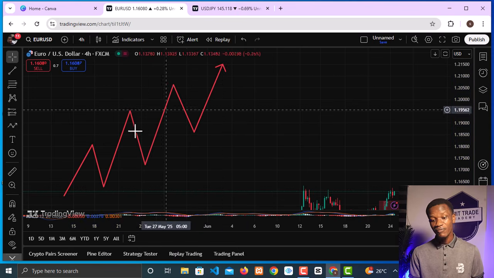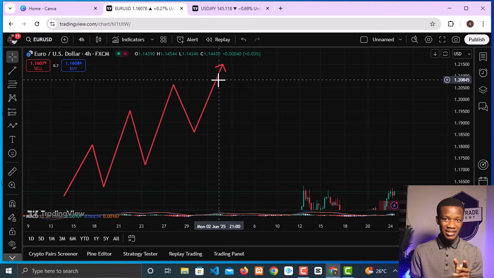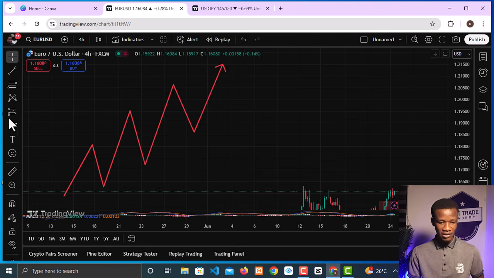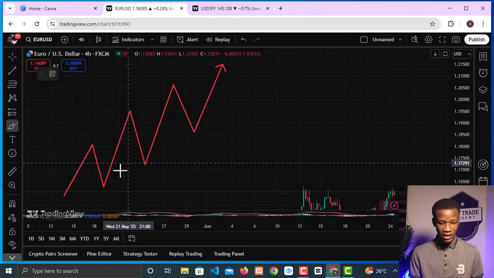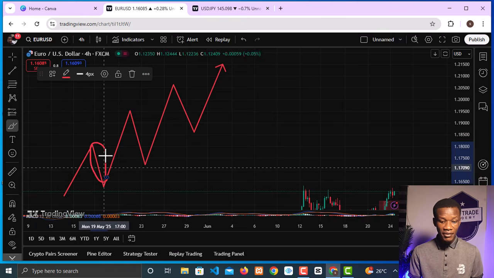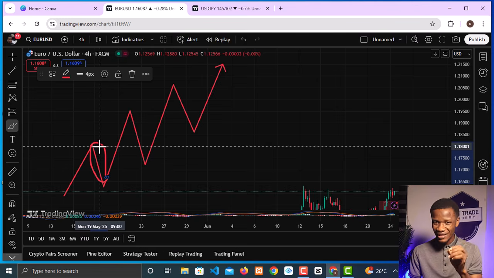Now, in this very formation, you can say that the market is aggressive or corrective, depending on the momentum that the market is using to come back down. Let's say, for example, when the market was correcting at this very area, if the market is correcting with a big, strong, bearish candle, then that is an aggressive pullback.